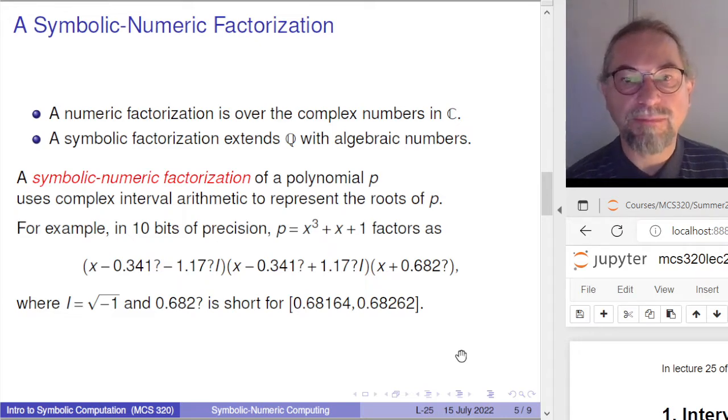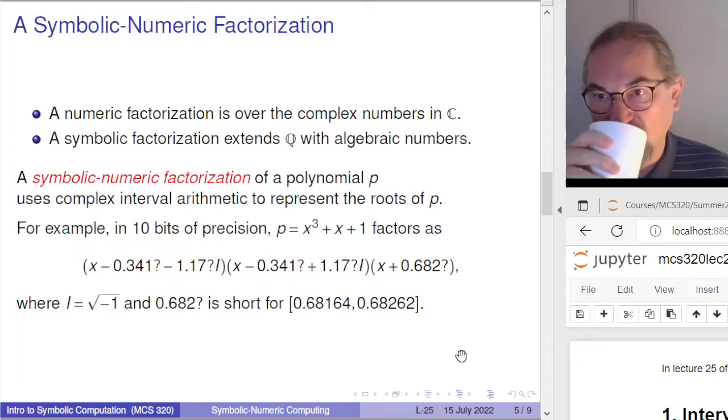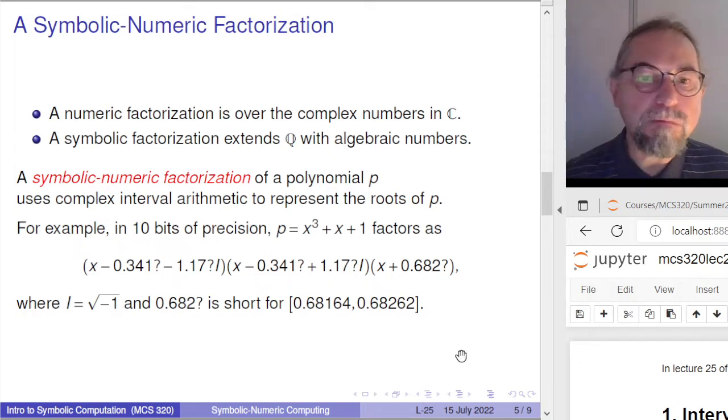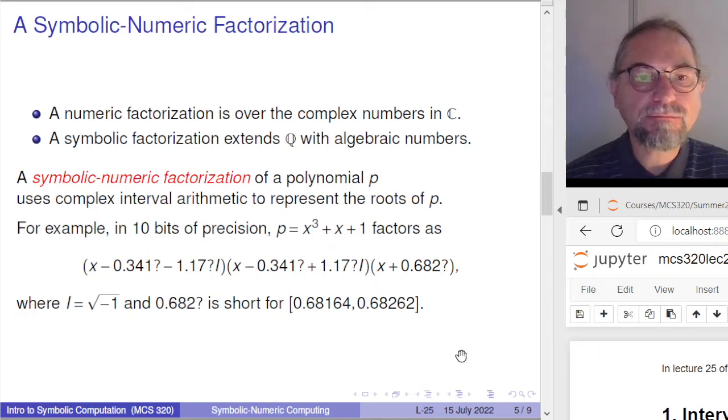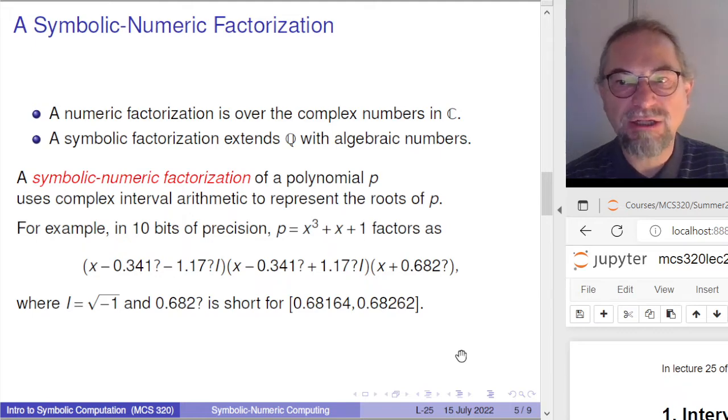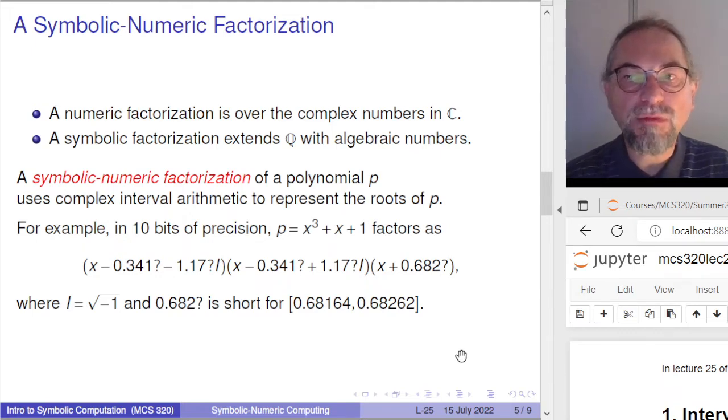Now we can combine this, so the algebraic numbers, it starts to get really cumbersome after a while. Now the point is that we can combine this, so we can work symbolic numerically. So we are working with the imaginary unit I, so the symbol for the square root of -1.